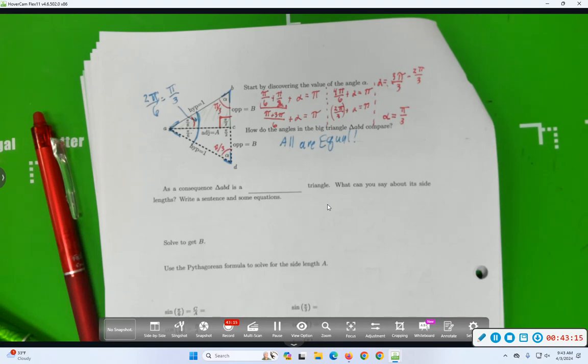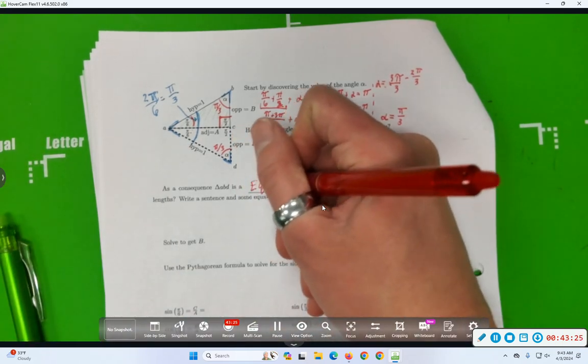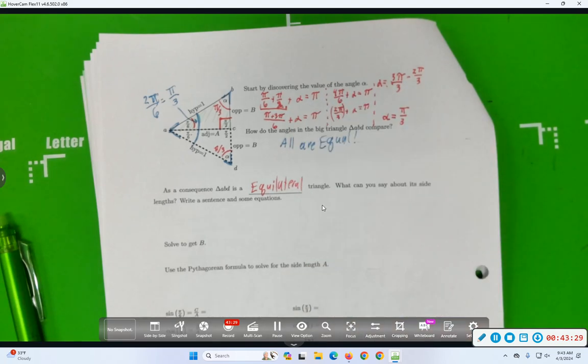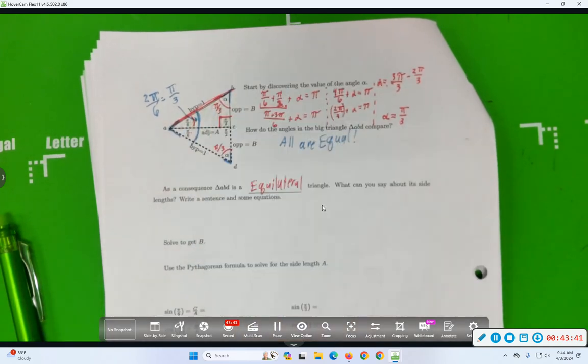So let's write down some equations we get. All of the side lengths of the big triangle are the same. So let's write down what things are equal. So this is equilateral. So what equations can we get out of that? I guess let's list them one at a time. So there's one of the side lengths of the big triangle.